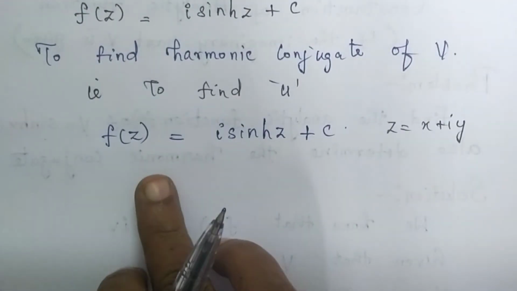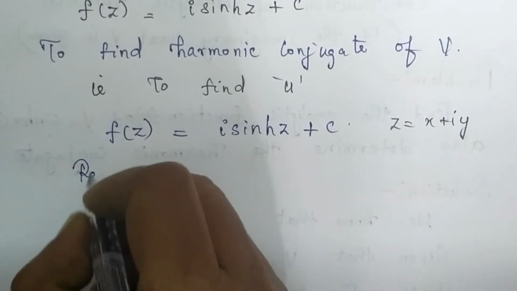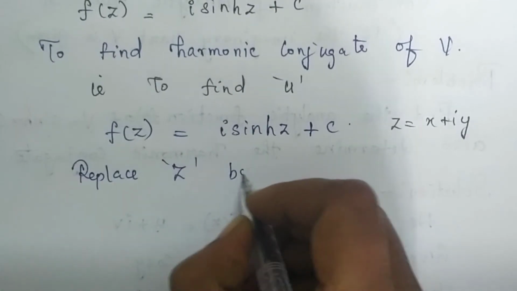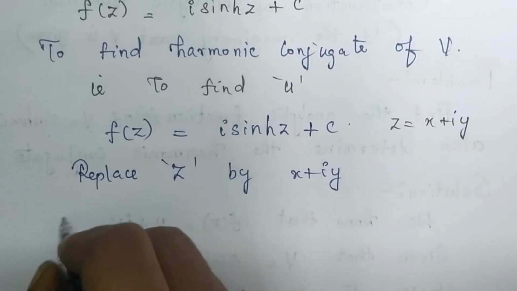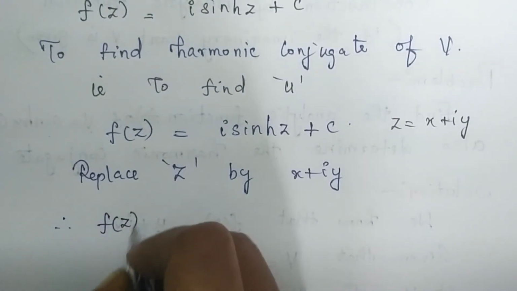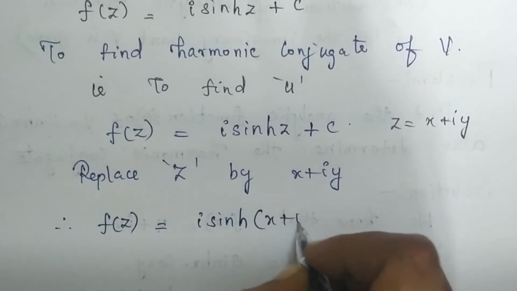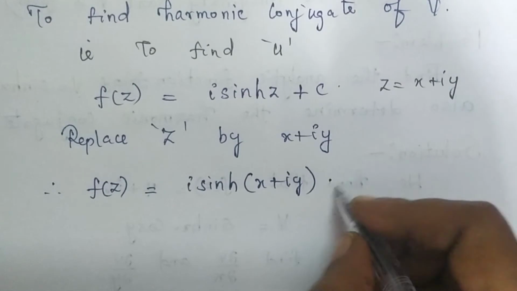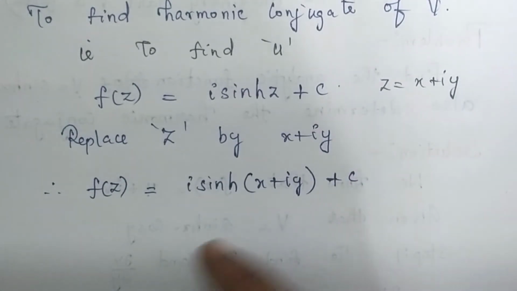So I am going to replace z by x plus iy. Therefore f of z is equal to i into sin h of x plus iy plus some integrating constant c. If you want, you can write it, or finally we can write plus some c, right?